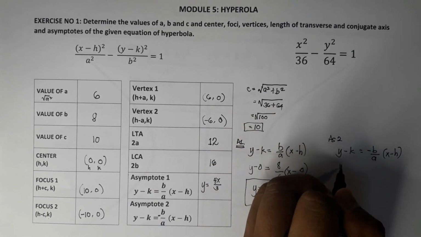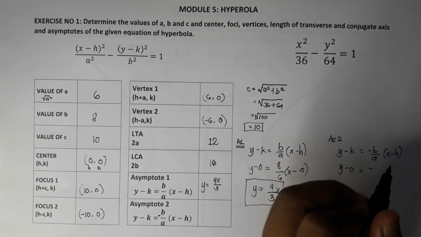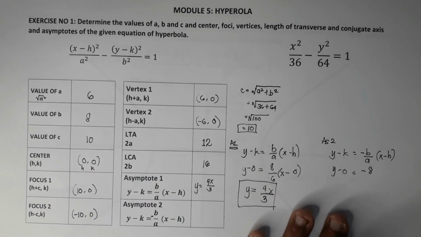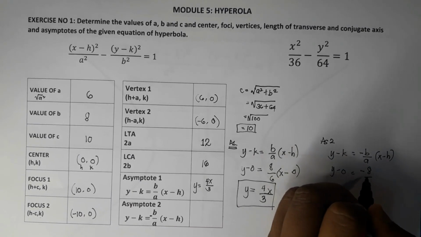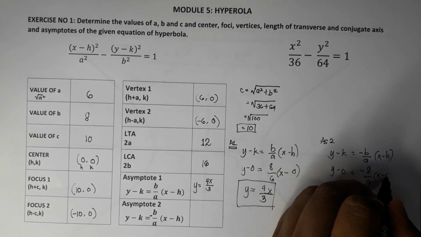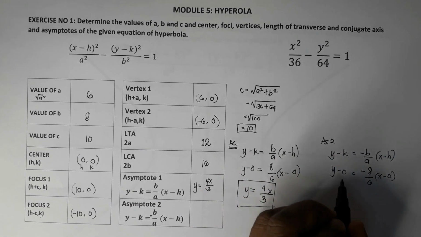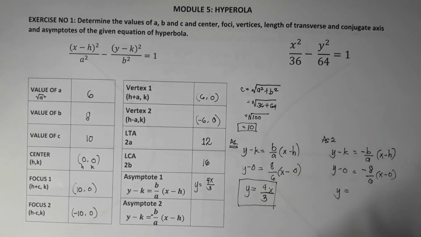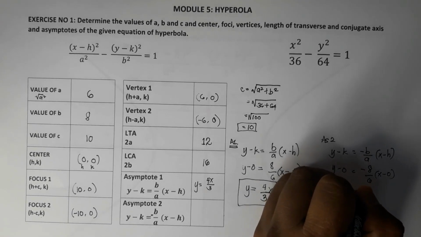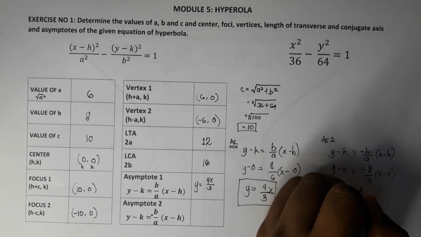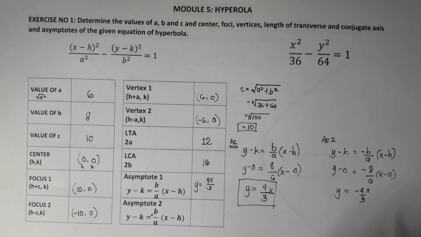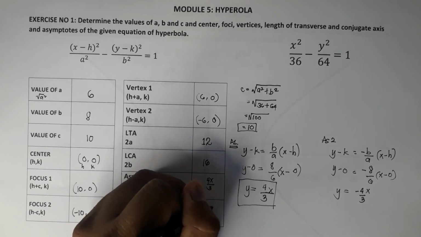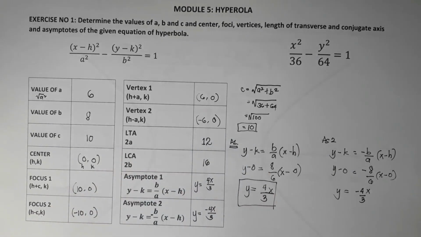Okay, so y minus 0 is equal to negative b, which is 8, over a, our a is 6, times x minus 0. So y minus 0 is simply y. And then this one, pareho lang, nagne-negative lang siya. So that makes it negative 4 over 3 times x minus 0. So therefore, y is equal to negative 4x over 3.